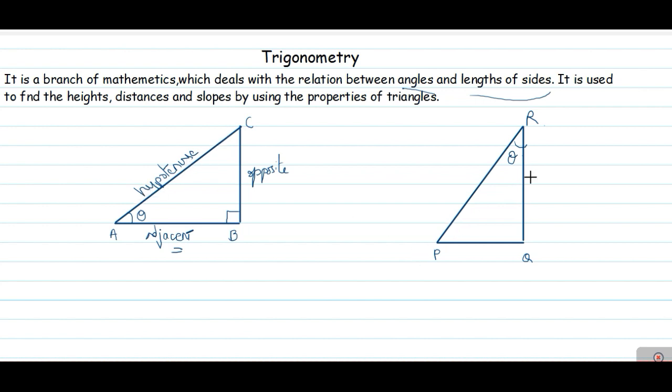If you take this triangle PQR with respect to angle theta, we have to mark what is the opposite and what is the adjacent. First of all, let us see the right angle. Here the right angle is at vertex Q. So, the side opposite to the right angle is our hypotenuse.